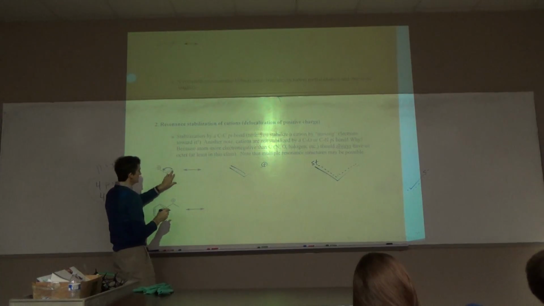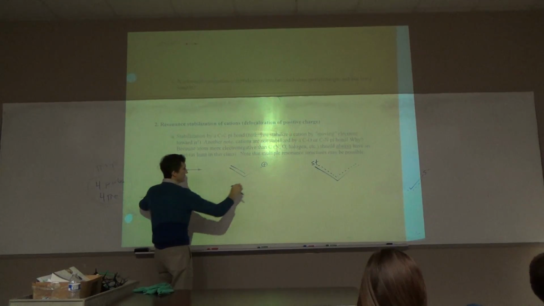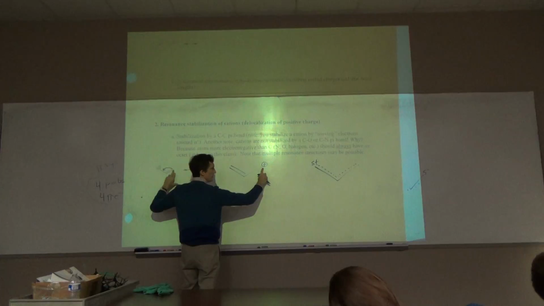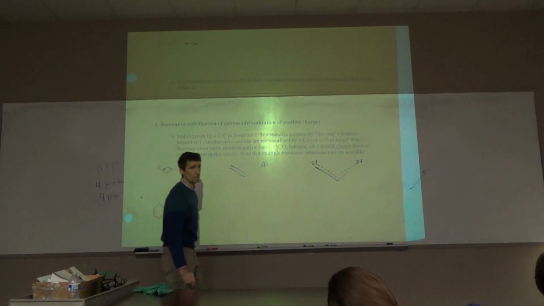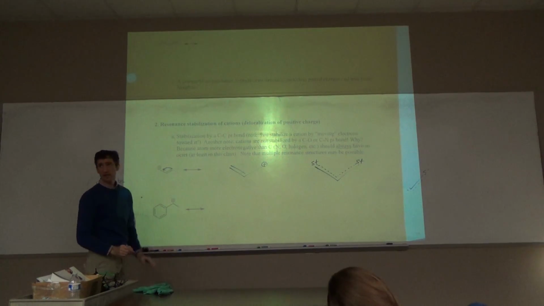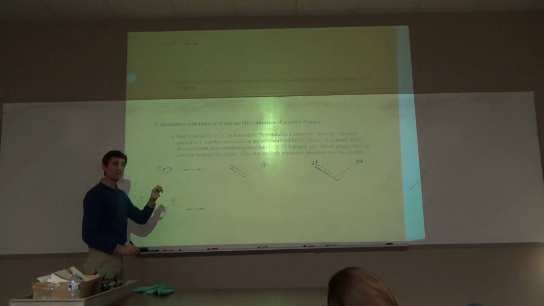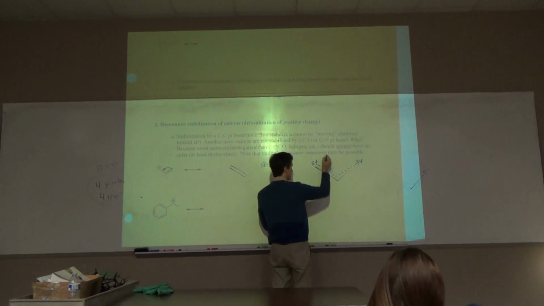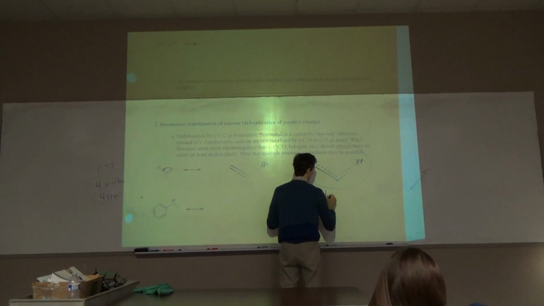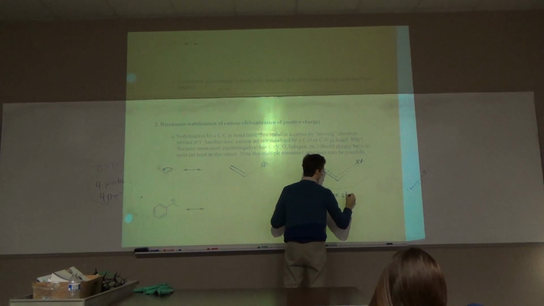What's the charge going to be on the end carbon over here? 0 and positive 1. What's the average? Partial plus. There's your hybrid. And in this case, the hybrid is very precise. This is your true structure. Called the resonance hybrid.